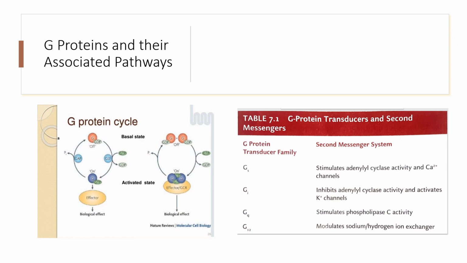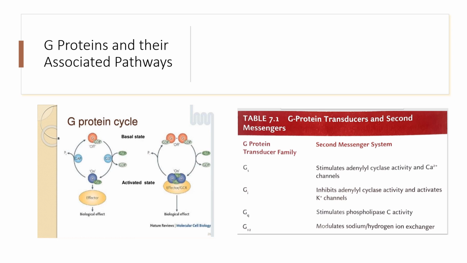So the GS transducer family, the top one, stimulates adenylyl cyclase activity and calcium channels, and that occurs when the GS protein stimulates the adenylyl cyclase, which converts ATP into cAMP, and this is occupied then by GTP. The cAMP binds to protein kinase A, where the beta and gamma subunits dissociate from the alpha unit, where the signal is sent.